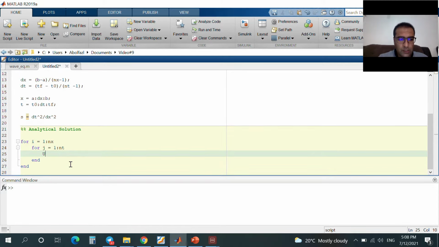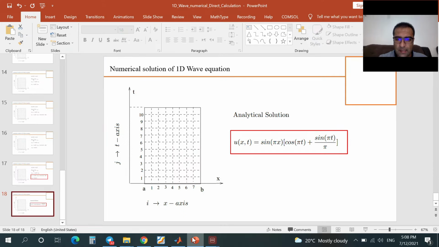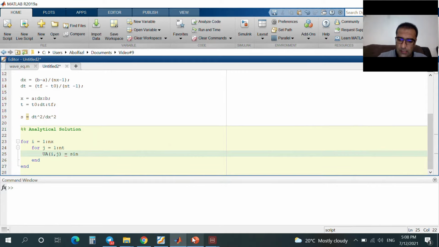I define it as ua i j, and as we said, it should be sine pi multiplied by x_i, multiplied by cosine pi t_j, plus sine pi t_j divided by pi, right?